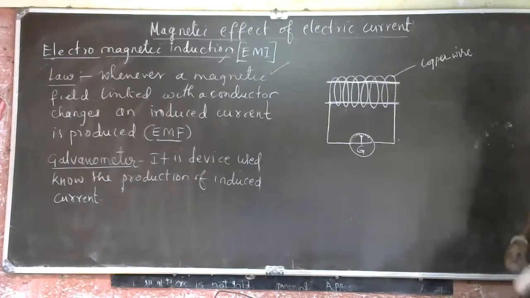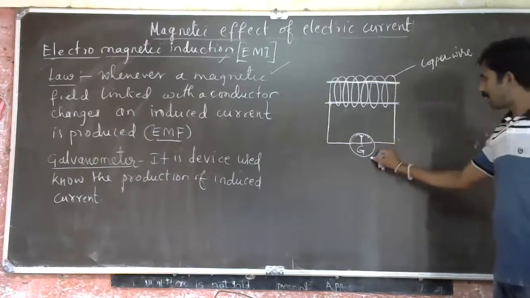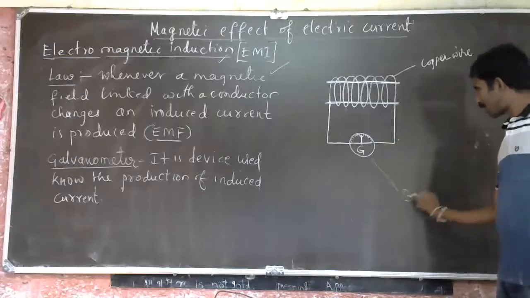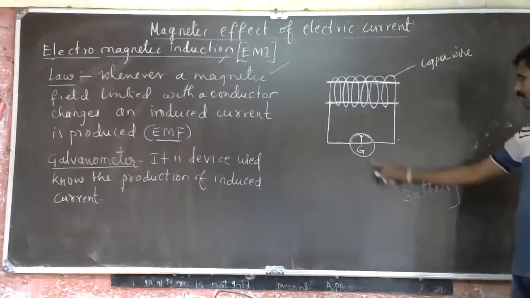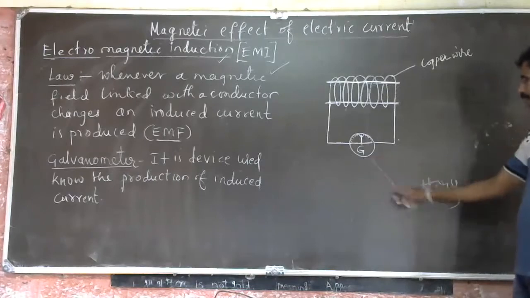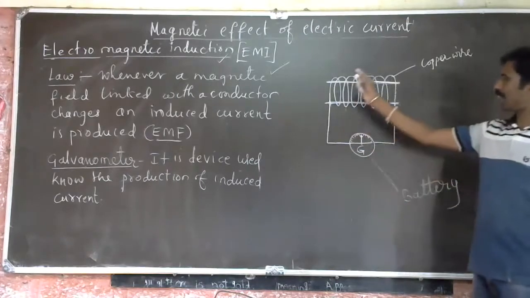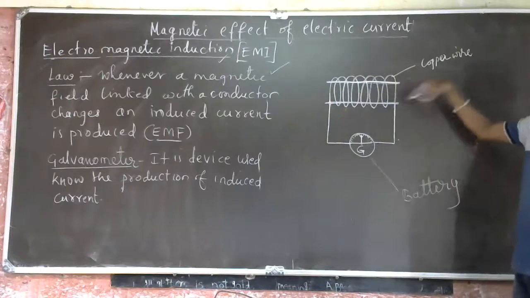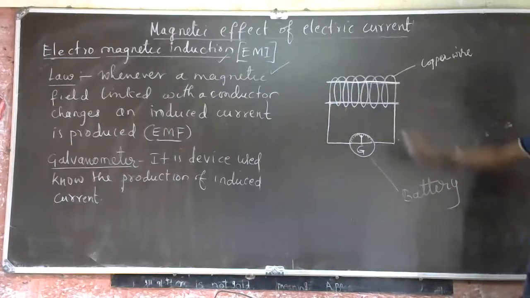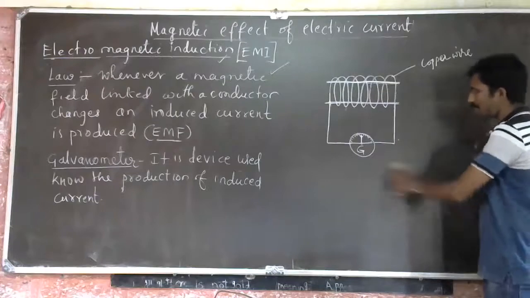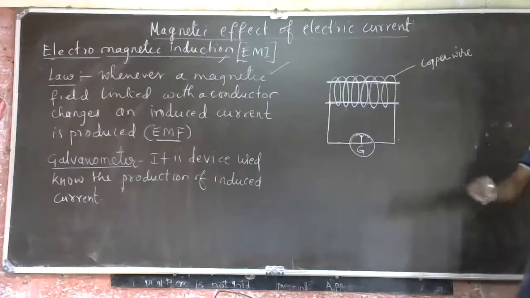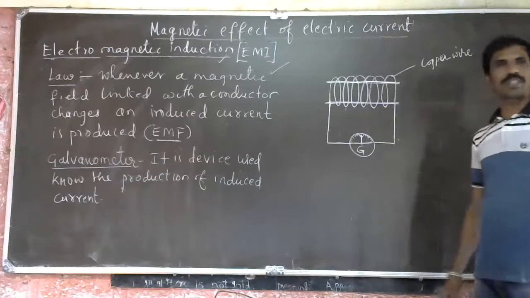In the case of Oersted's experiment, there was a source battery sending electricity, and magnetism was created. But in this case, in place of the battery, we have placed the galvanometer to show the production of induced current.